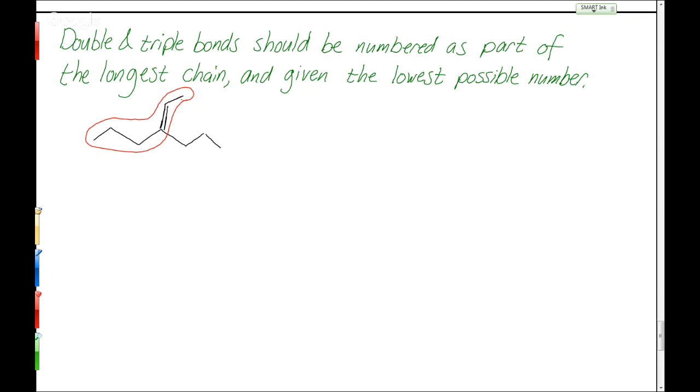That's the correct longest chain for this molecule. That horizontal one that doesn't have the double bond in it is not the main chain.